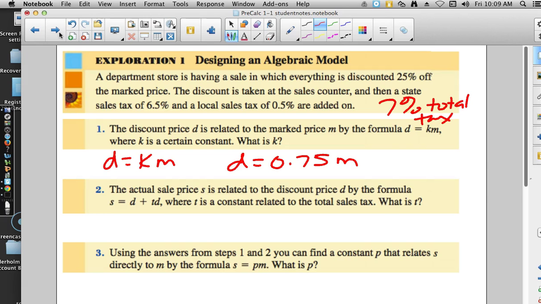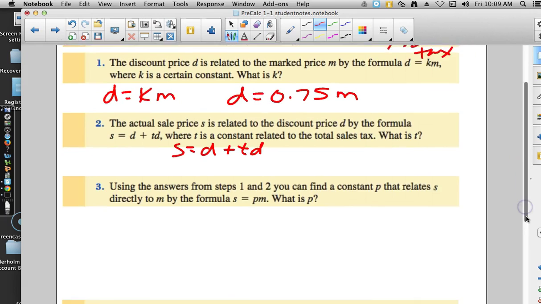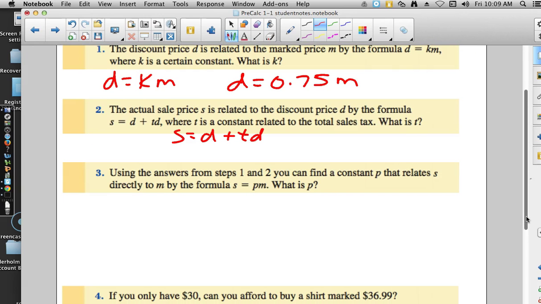So number 2 says the actual sale price S is related to the discounted price D by the formula S equals D plus TD, where T is a constant related to the total sales tax. What is T? Boy, did they make this sound hard. What formula would we need if we don't just want to look at the price of just the clothes, if we also want to look at the tax?